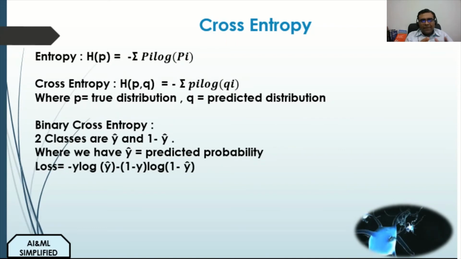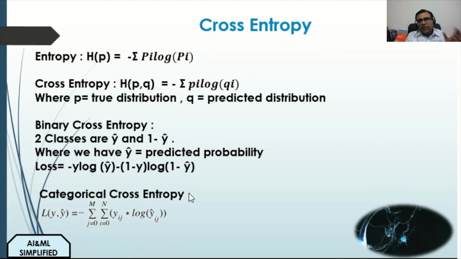We look at the formula where the probability of the two classes will be y hat and 1 minus y hat, corresponding to the value of prediction or the Q, and we can replace the earlier formula with y and y hat values, where P would correspond to y and y hat will correspond to Q. We can extend the same to multiple classes as well, where for multiple classes the formula will become yij log of y hat ij for all i and j values.